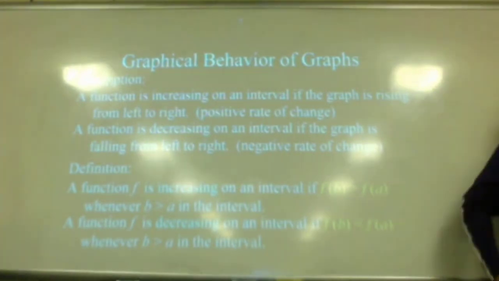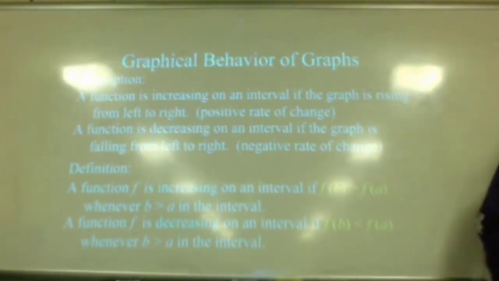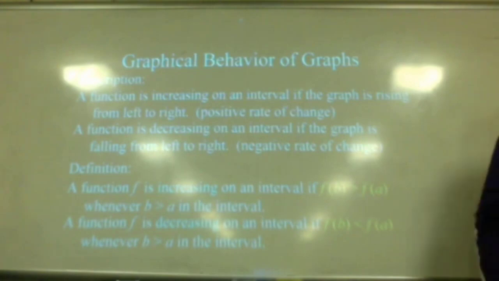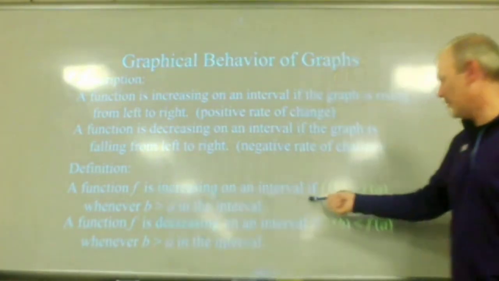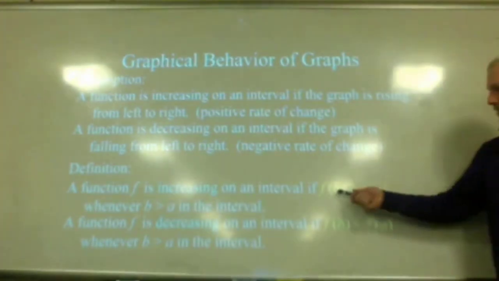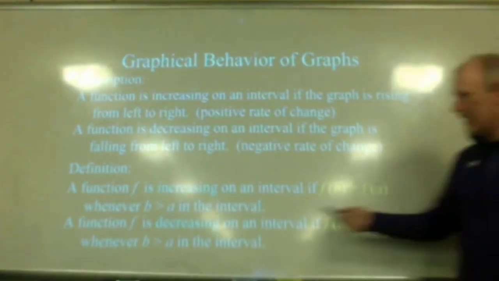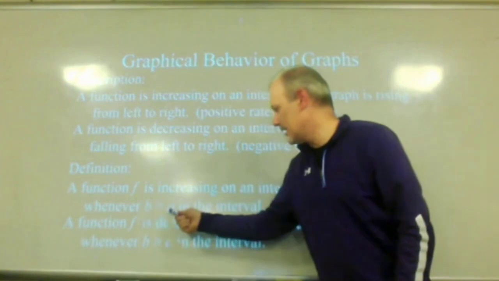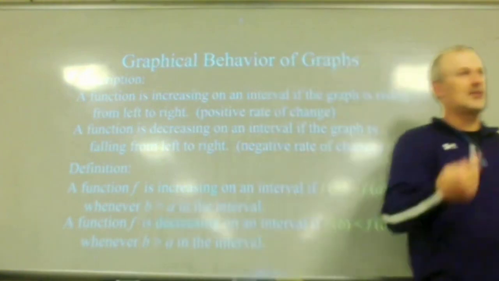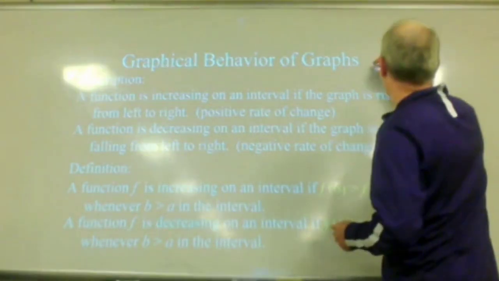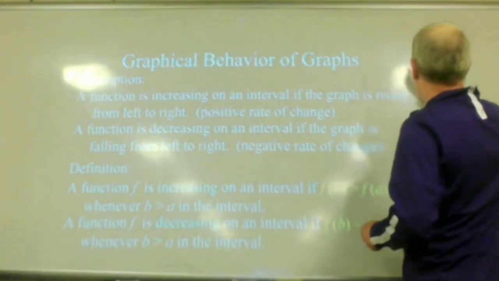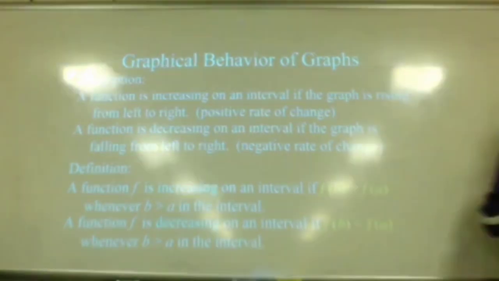Here's the technical definition that I have to share with you, but you probably never have to think about again. A function is technically increasing on an interval if f of b is greater than f of a anytime b is greater than a in the interval. So if b is greater than a, if you're thinking about a number line, b would have to be over here and a would have to be over here, right?